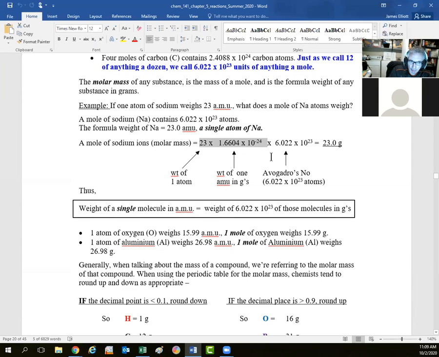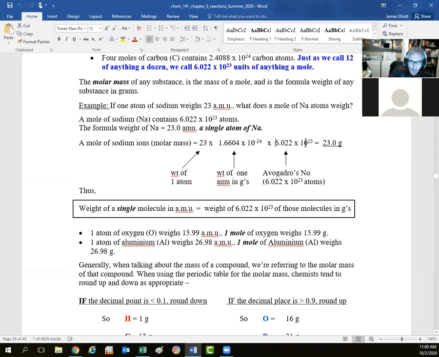If we then multiply it by the number of atoms to make a mole, the 6.022 times 10 to the power of 23, like taking the mass of one potato and multiplying by 12 to give us the mass of a dozen, that mass for a mole of sodium atoms is exactly the same as the mass for a single atom when we're using atomic mass units. So this was the clever device in Avogadro's plan.